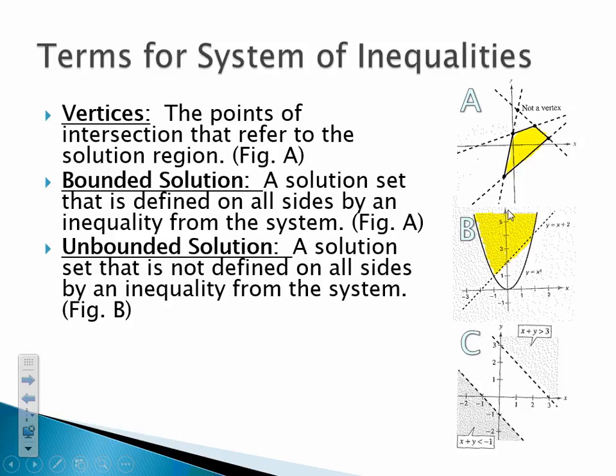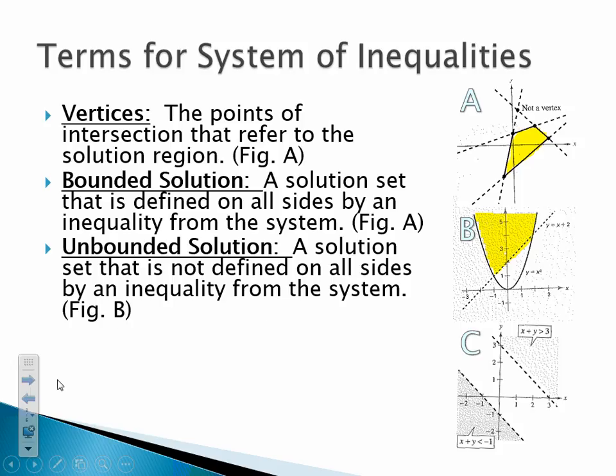There's nothing defining the top. Now, this solution set ends up here, but that's just because our graph comes to an end. If we were to extend this even further, this solution set would keep rising all the way to positive infinity. So there's no bound on the solution set of this system of inequalities.